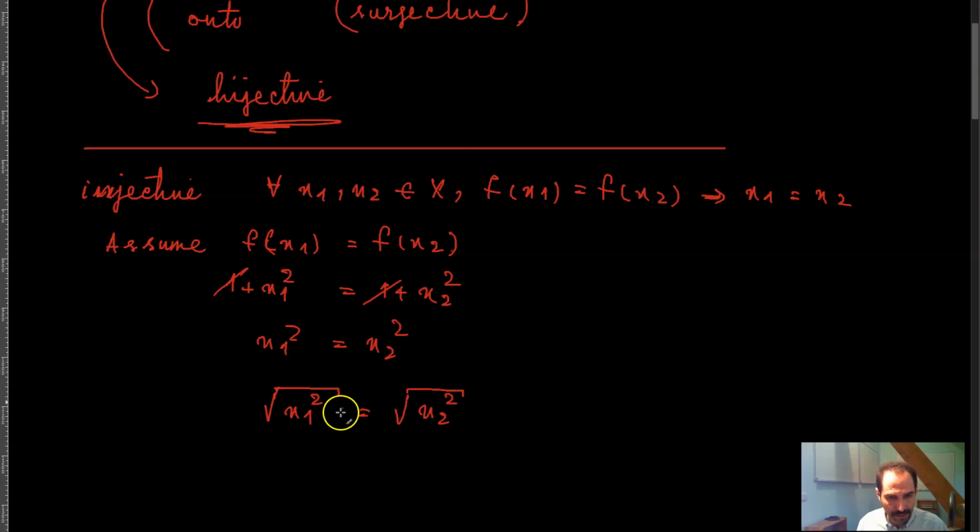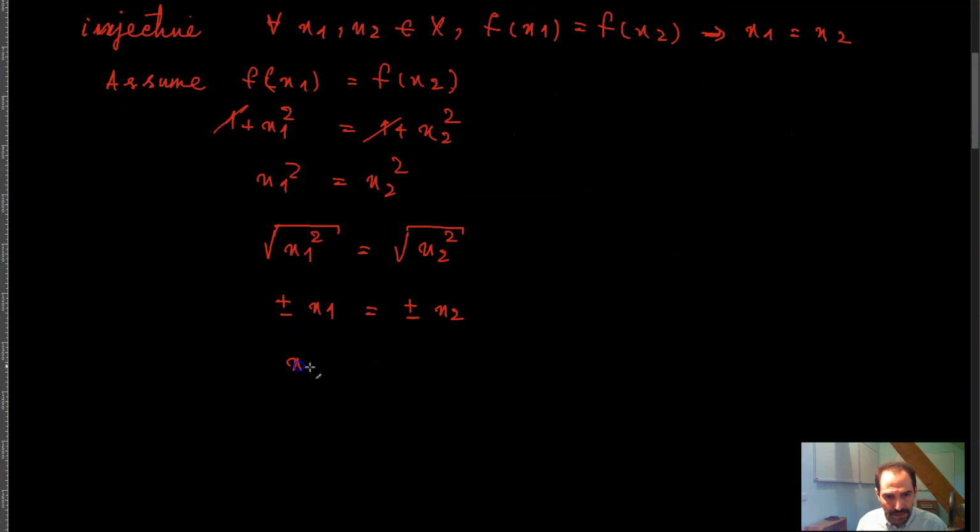The square root of x1 squared is plus or minus x1, and the square root of x2 squared is plus or minus x2, which means that x1 is equal to plus or minus x2. Now this means that x1 could be equal to x2, or x1 could be equal to negative x2.